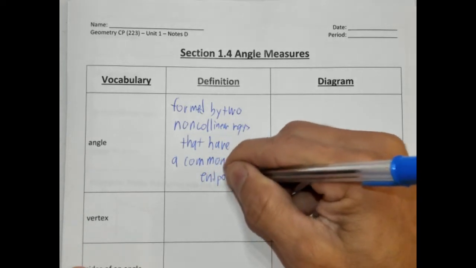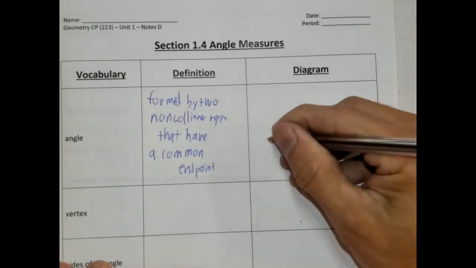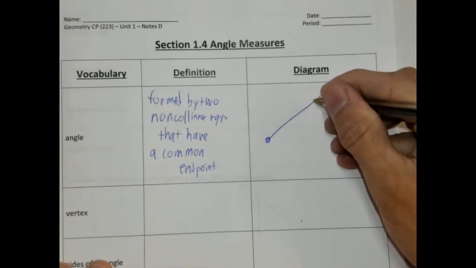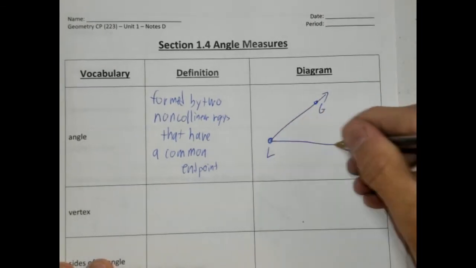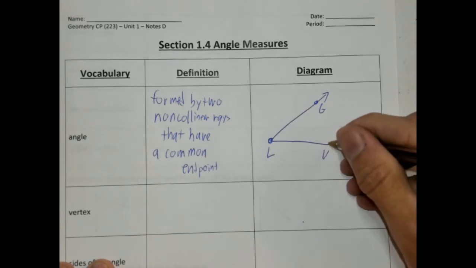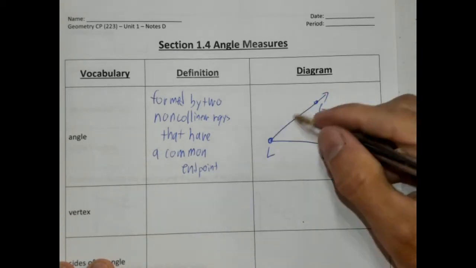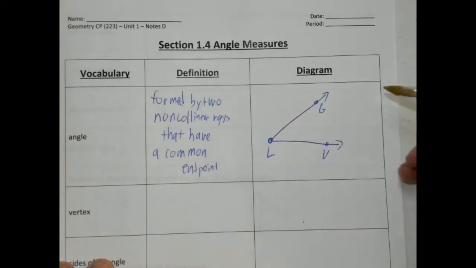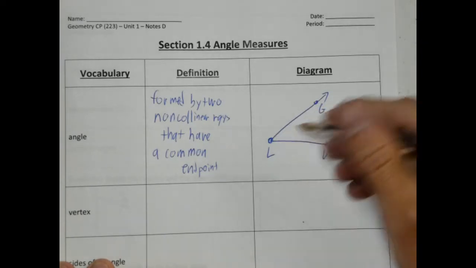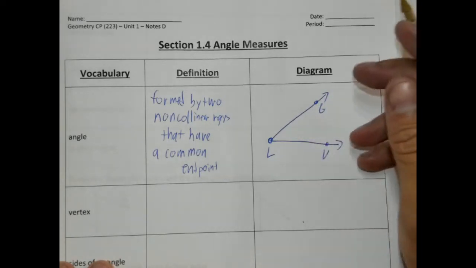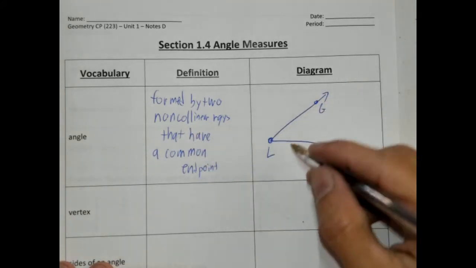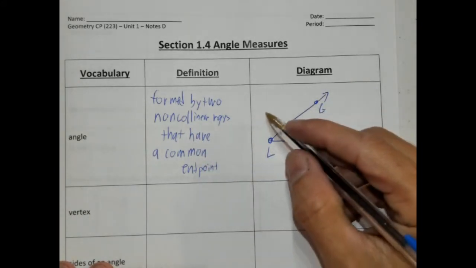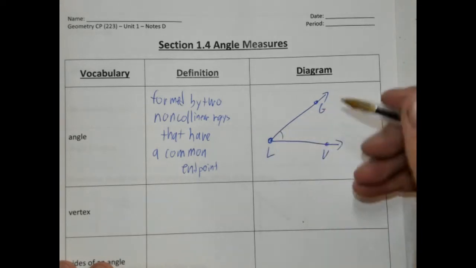Okay, so let's say we have a ray like this. We'll call that ray LG. And we have a ray down here, which is LV. Well, these two rays share a common endpoint, which is L right here, and they're non-collinear. Remember, non-collinear means they are not on the same line. So these are obviously not on the same line, and therefore this forms an angle, which is right here, okay?